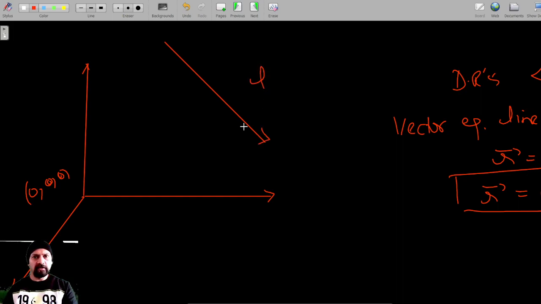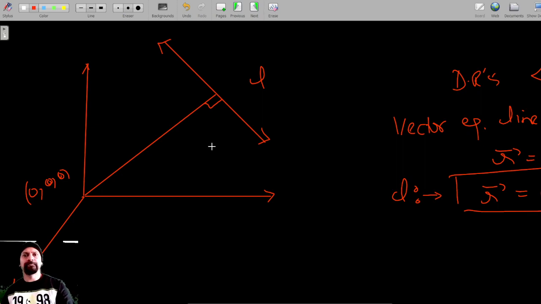And we have the vector equation of the line L, and we have to find its perpendicular distance from the origin.